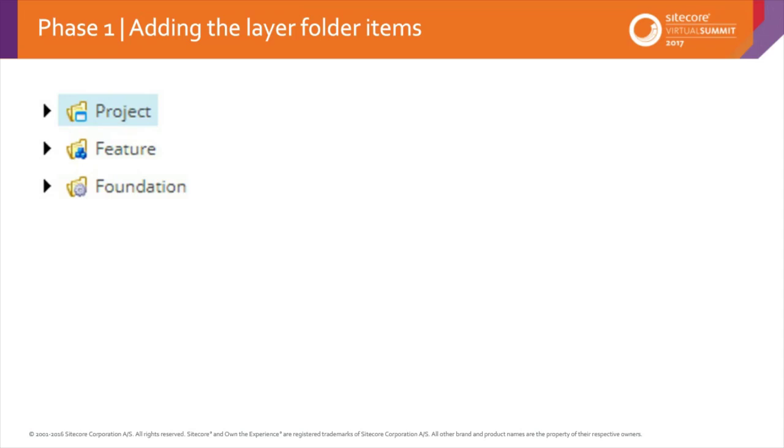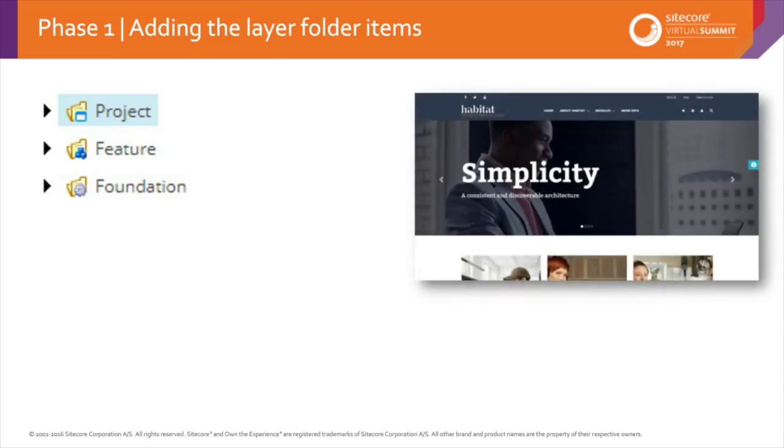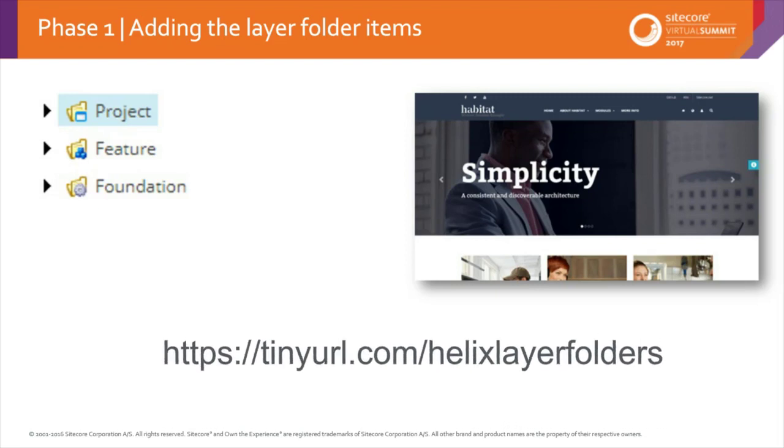What I did was I made a package from Sitecore Habitat that contains these folder items, because I want these folders to have the same item IDs as the folders in Sitecore Habitat. If someone from Sitecore is listening to this presentation, I would highly recommend that these folders become standard out of the box in Sitecore. Until then, you can download a Sitecore package with the layer folders from this URL down here and install it in your solution.